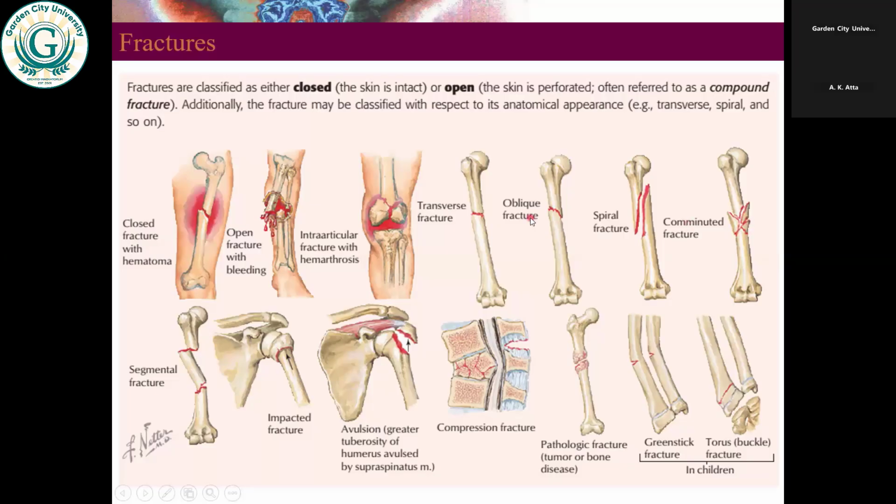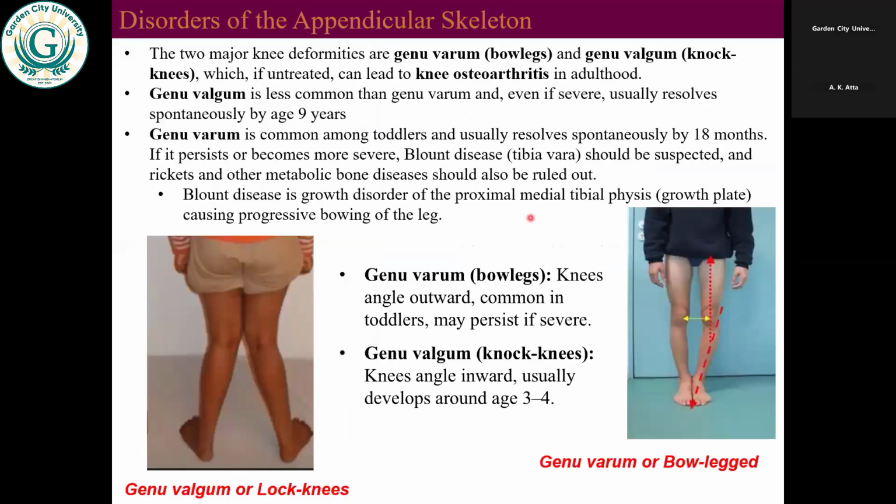Of course, we mentioned something about bone repair. So definitely, once we have this type of fracture, the osteoblasts will begin to work, and eventually, after a few months, everything will be repaired.